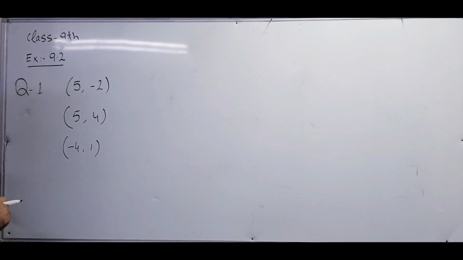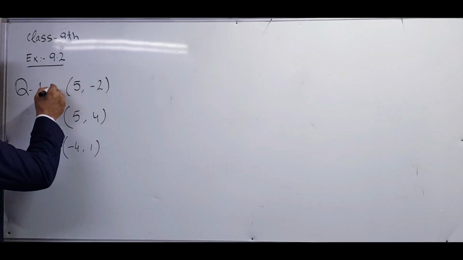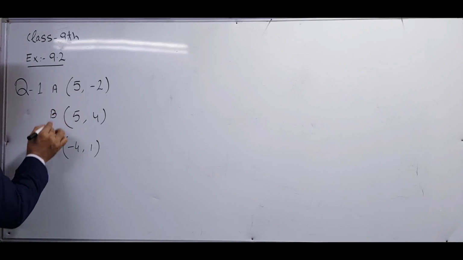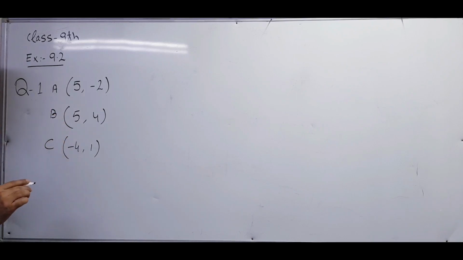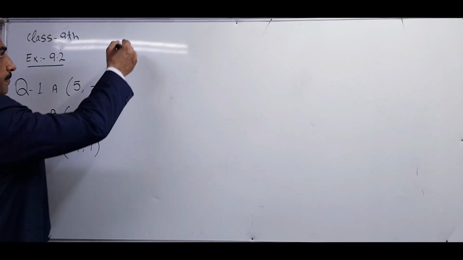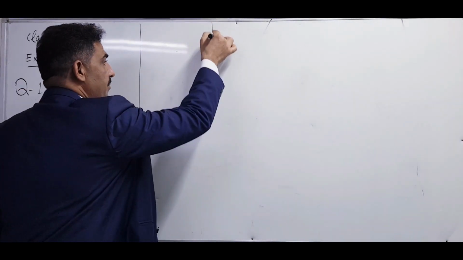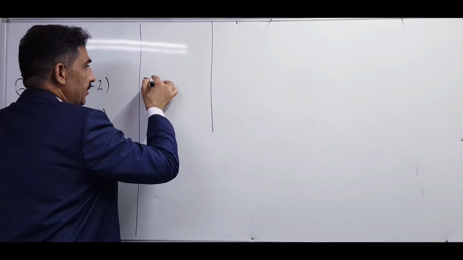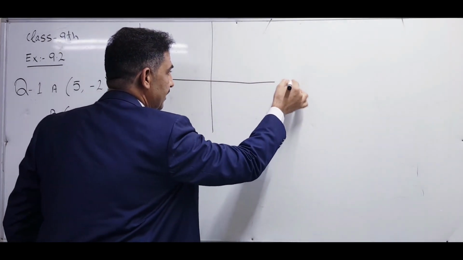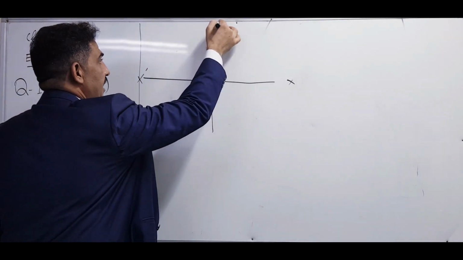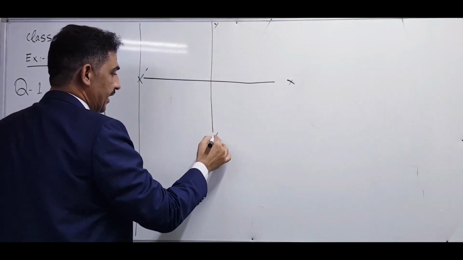First of all, we assume the names. Let us assume this is vertex A, this is vertex B, and this is vertex C. On the rectangular coordinate system, we will take these points. Rectangular coordinate system means we have the origin, x-axis, x dash, and y-axis, y and y dash.